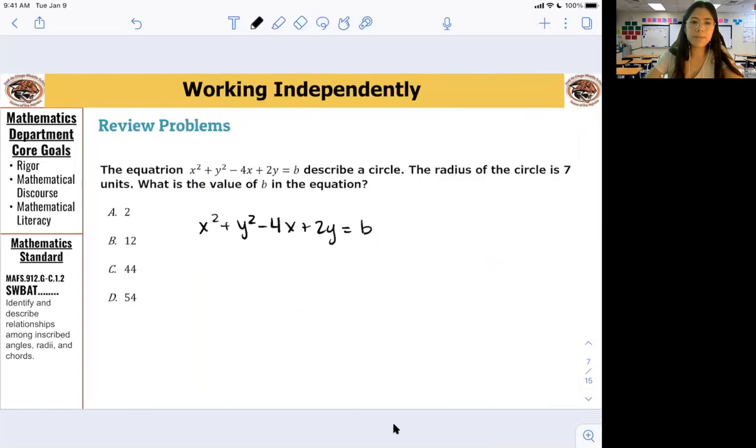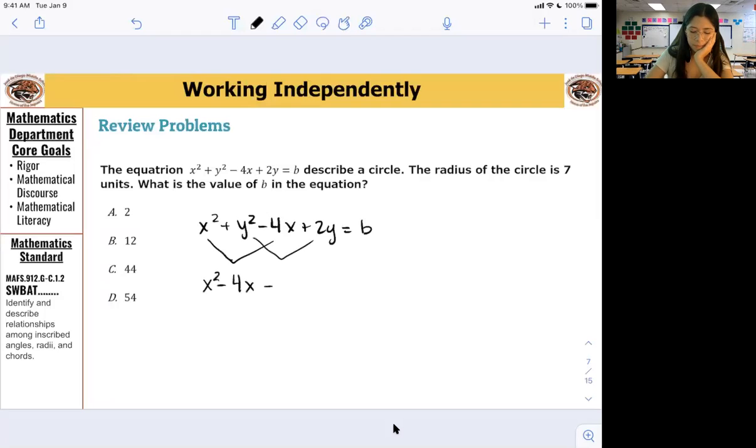So what do I do first? I have to turn it into standard form. What do I do? Bring together our like terms.